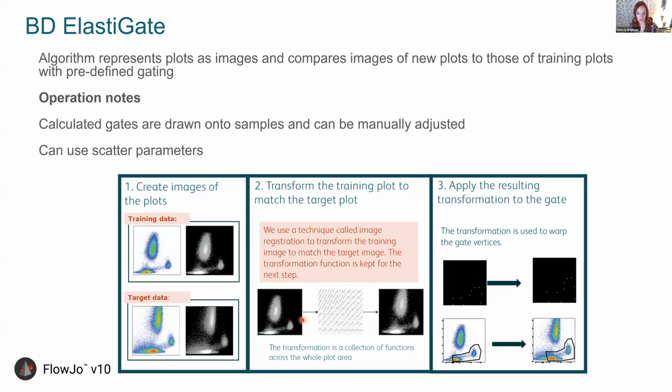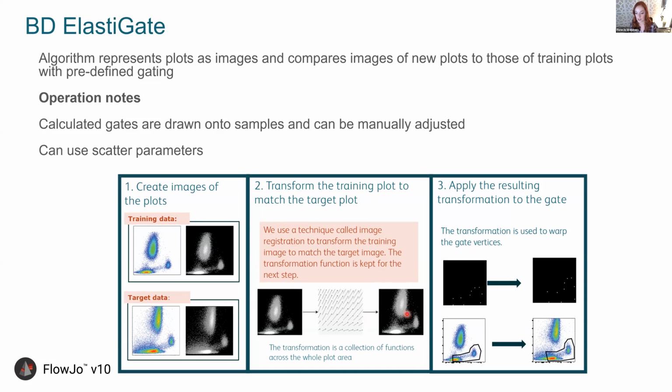So it looks at the training image and tries to adjust the image to match the target image. How would I have to shift that original picture to match the new picture, the new sample? And once it has that transformation, it applies it to the predefined gate.